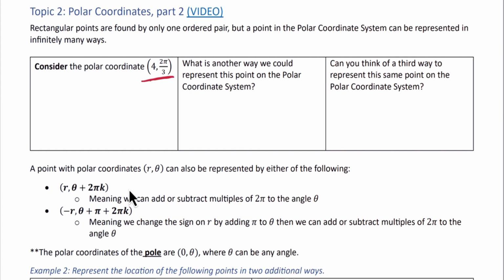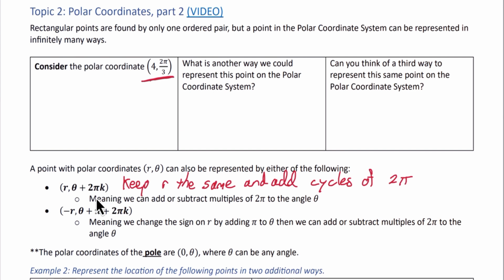So in summary, if we wanted to rewrite the coordinate (r, θ) a different way, one way to do it would be to keep r the same and add cycles of 2π to your angle. We could add 2π, 4π, 6π, or k could be negative, so we could subtract 2π, 4π, 6π, and so on.